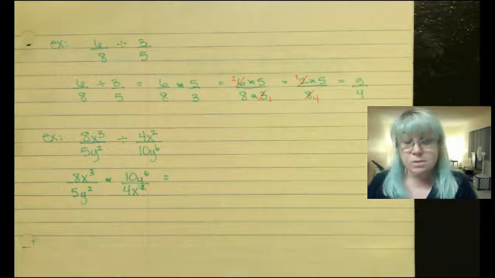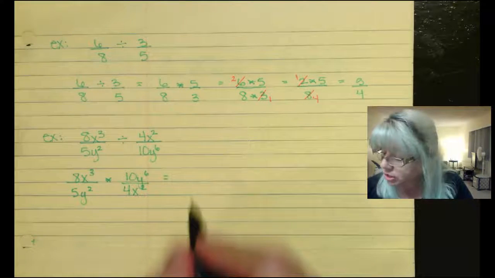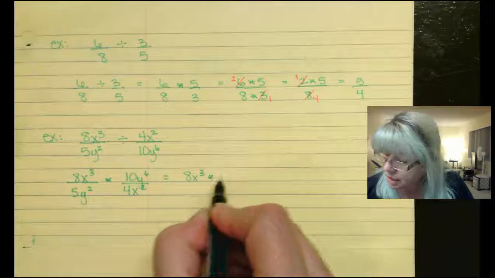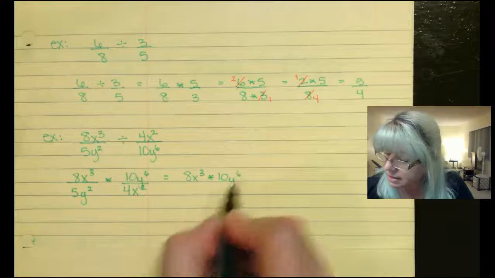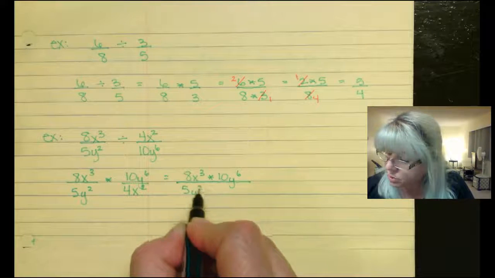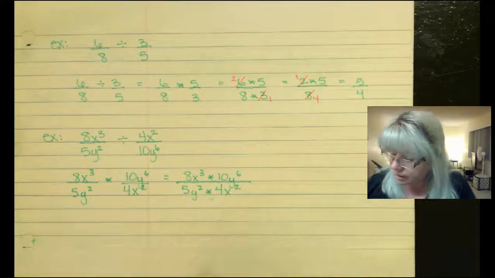Now that I have it as multiplication of the reciprocal, I'm going to combine them into one fraction. 8x cubed times 10y to the 6th all over 5y squared times 4x squared.